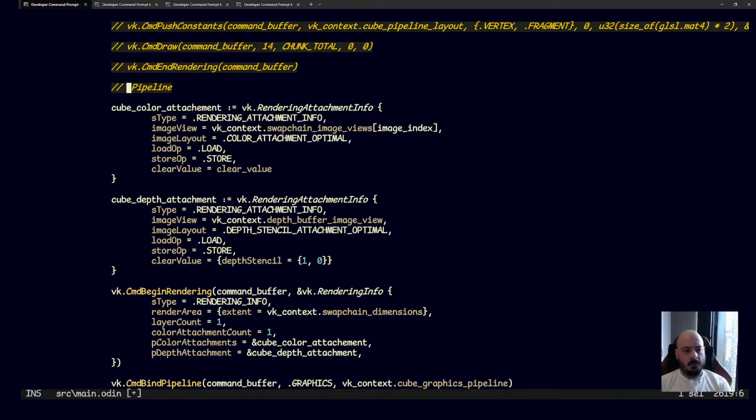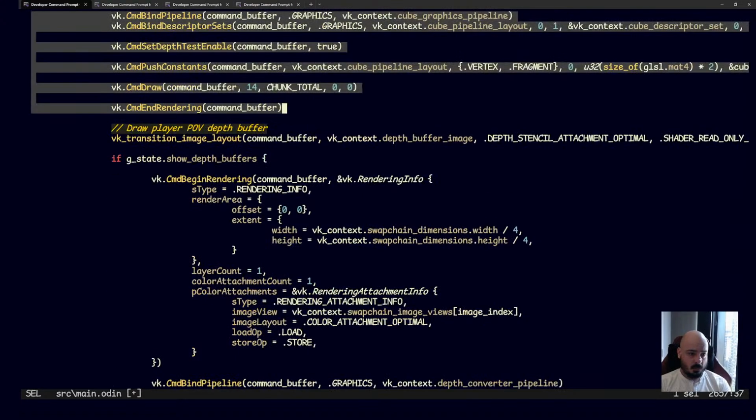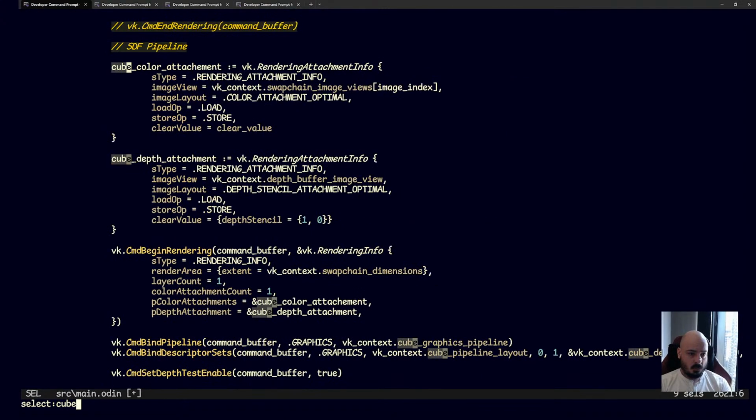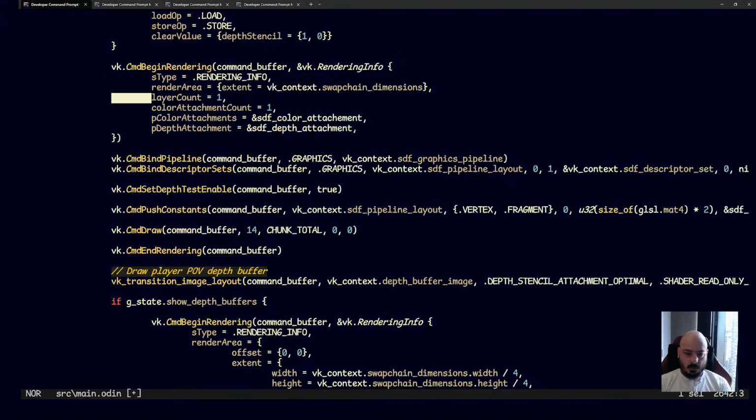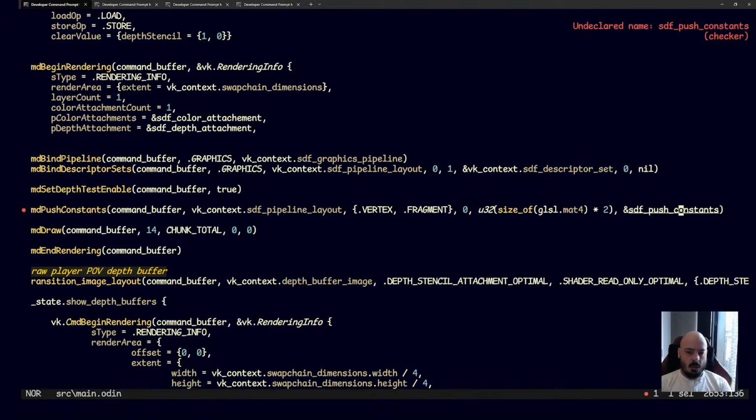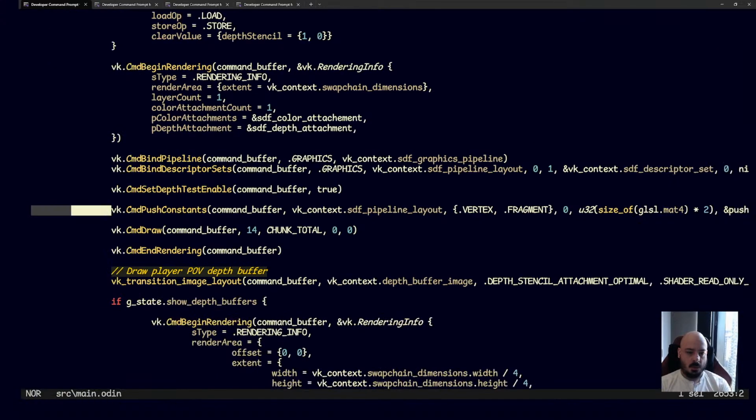So pipeline, this is the SDF pipeline. All right, got it. SDF push constant. I'm just going to change it to push constants because it doesn't use anything different.